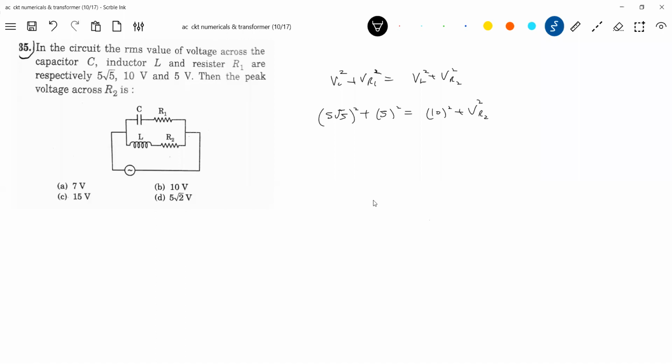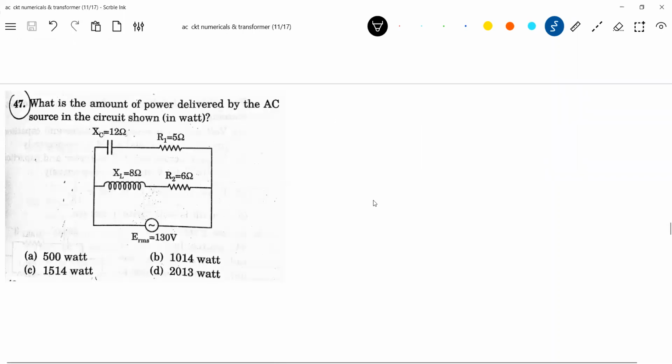Okay, for some parallel circuits, be careful about the way they ask you the question. Again, similarly, one more.